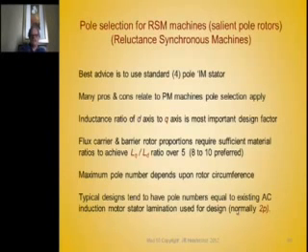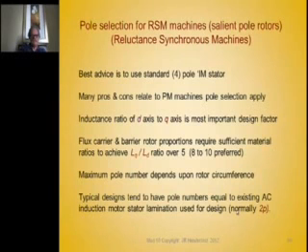The RSM, the reluctance synchronous machines, my best advice is to start with an existing standard 4-pole induction motor stator. And many of the pros and cons that relate to PM machines apply to the RSM as well.